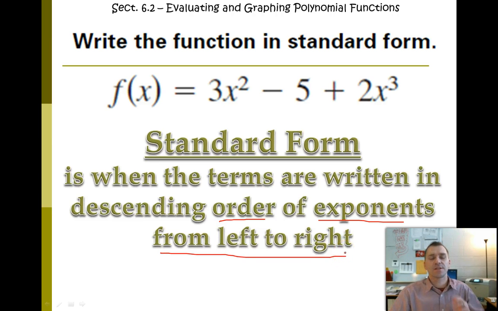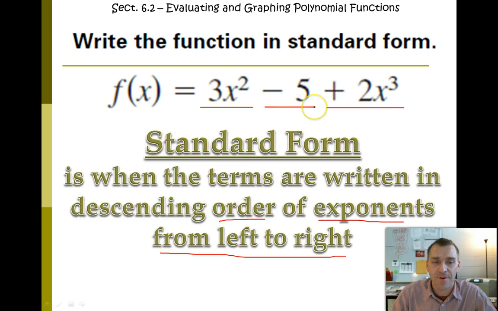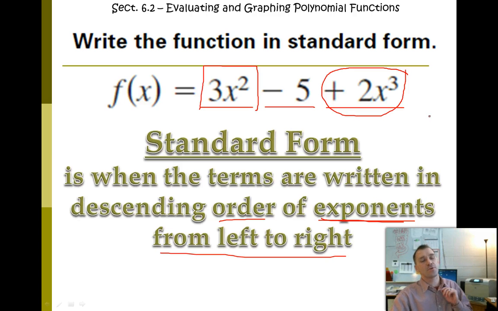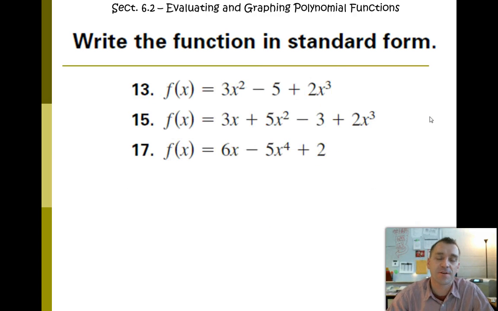So that means when you write it in standard form, you need to look at the terms like this positive 2x to the third, this 3x squared, and this negative 5, and you need to rearrange them with the signs going with them, where the exponents go down in order. So you always start with the biggest one right there, that's the biggest power term. That would go first, and then this would go second, not because of the 2, it's just because it's the next highest power term, and then this would go last. So that's what standard form is when you're writing a polynomial function in standard form.